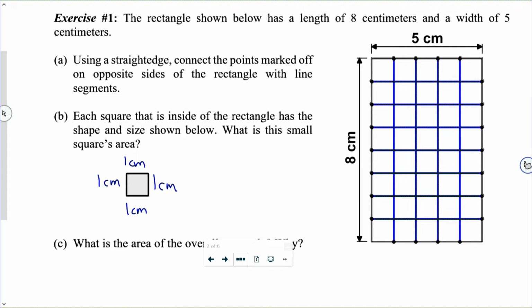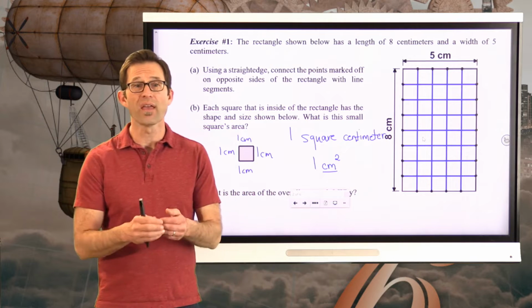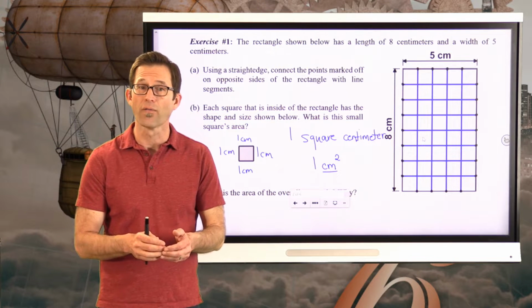So this is what we call 1 square centimeter. Many times, teachers will abbreviate that by putting down the normal unit like this, and then writing an exponent of 2. Remember what exponents are, when we take something and multiply it by itself.